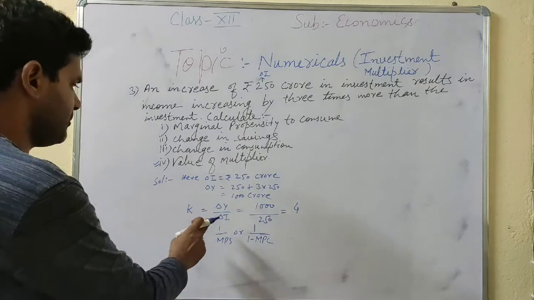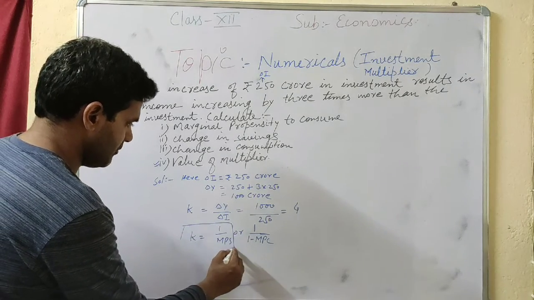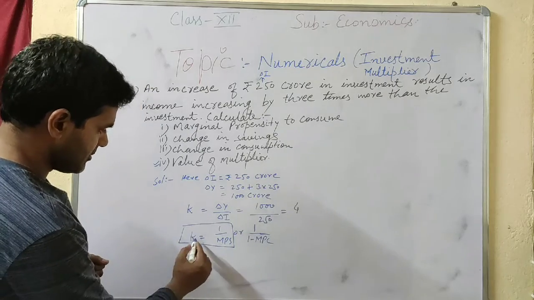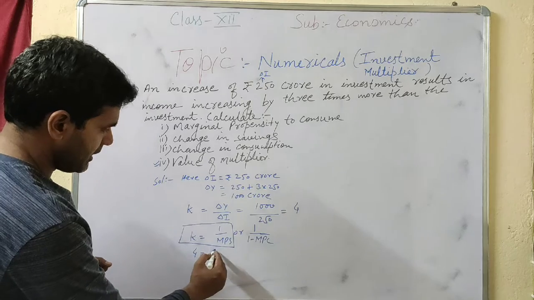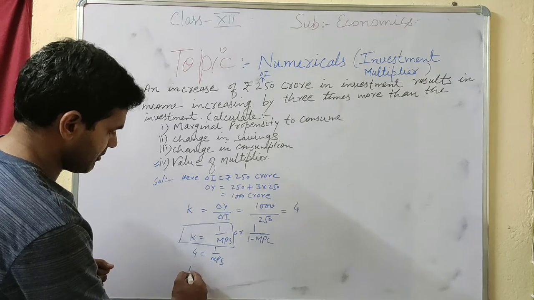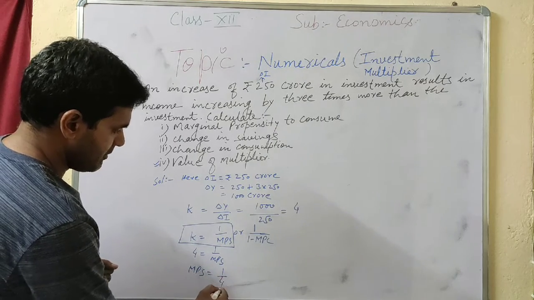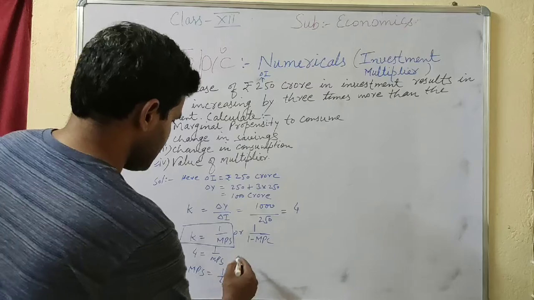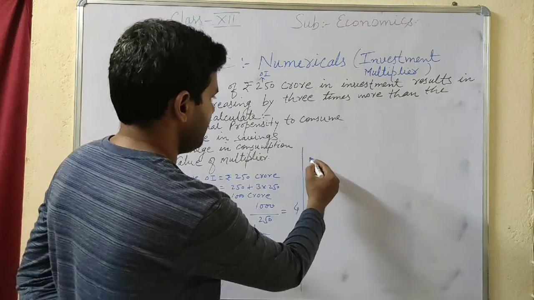So suppose I use this formula, K is equal to 1 upon MPS. What is the value of K over here? It is 4, so 4 is equal to 1 upon MPS. In this way we can calculate the value of MPS. MPS will be 1 by 4. If MPS is 1 by 4, then what will be the value of MPC?